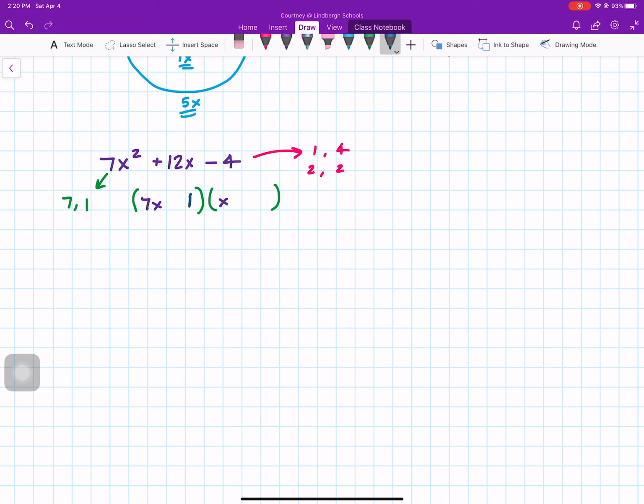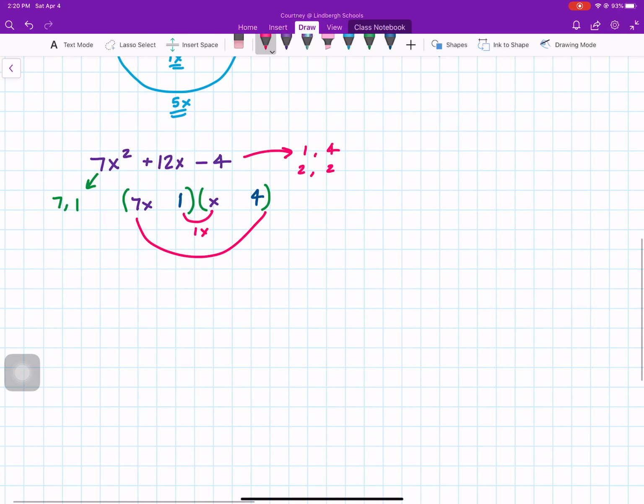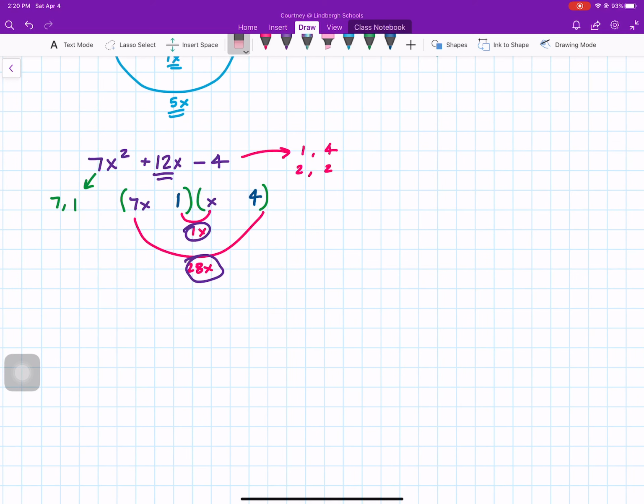So if I put a 1 here and a 4 here, let's rainbow check and see if that's correct. This is 1x, and 7 times 4 is 28x. And now you have to think, is there any way that I can get 28 and 1 to give me 12? And the answer is no. That does not work out for me. So let's erase. Again, I might not have picked the wrong pair. I may have just put them in the wrong order.